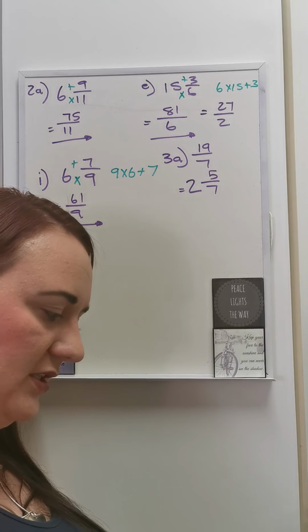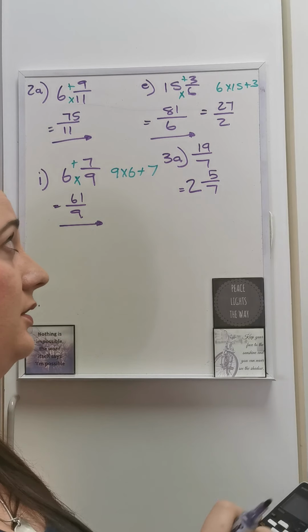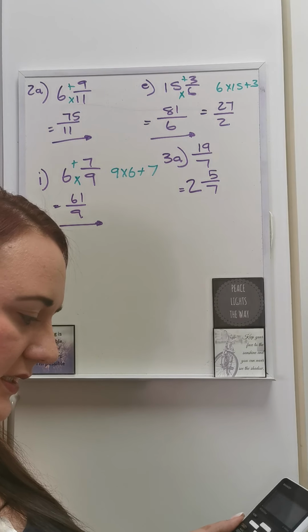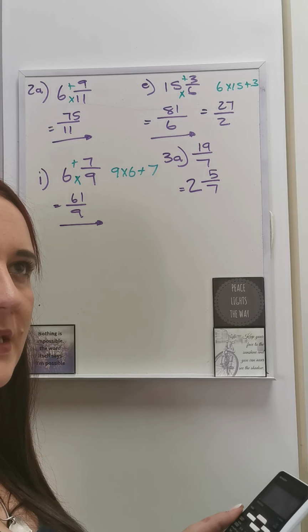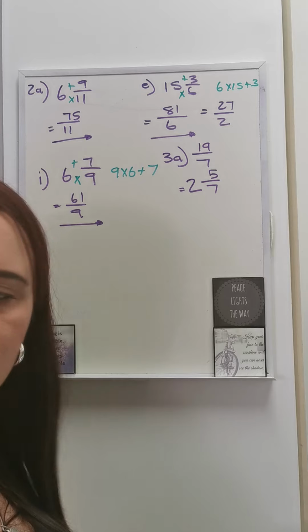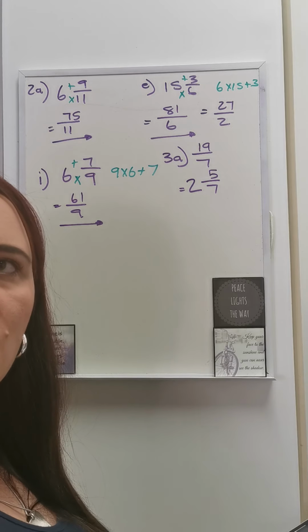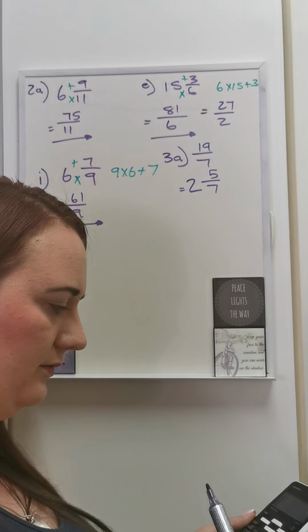If not, you press in your calculator. Please make sure you do exactly what I tell you now. You press 19 over 7 and then you press equal. Did you press that? Okay, now leave your answer as that. You will see it gives you 19 over 7.